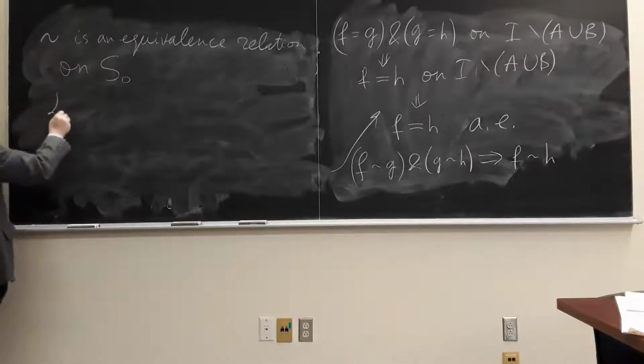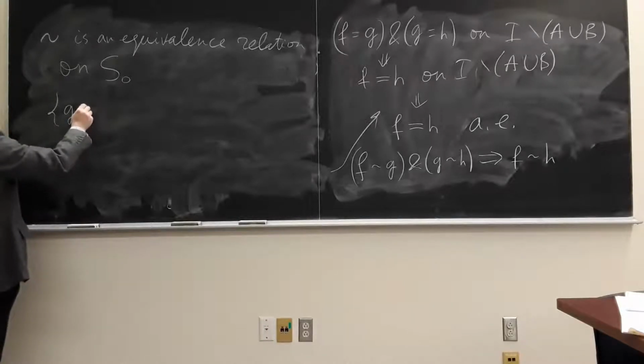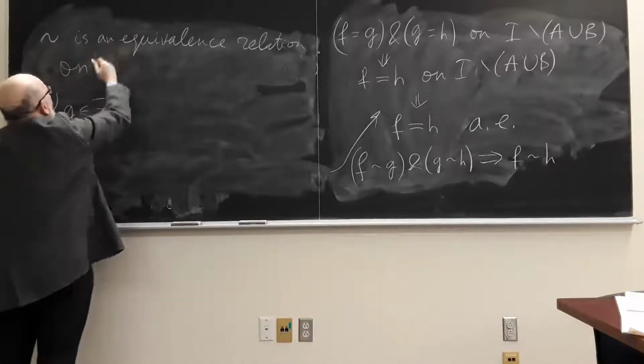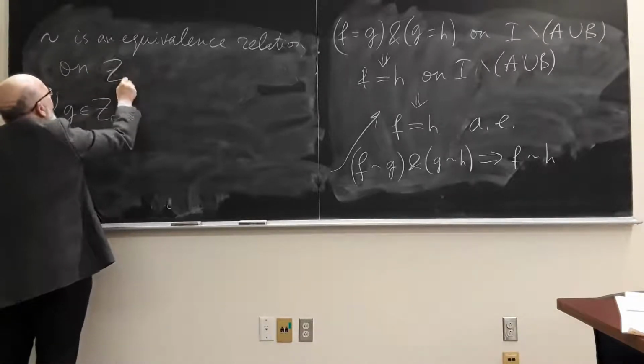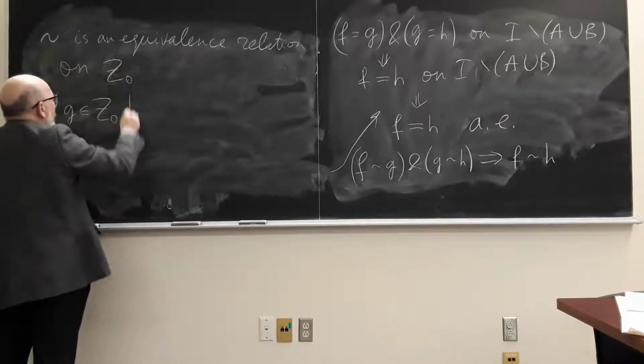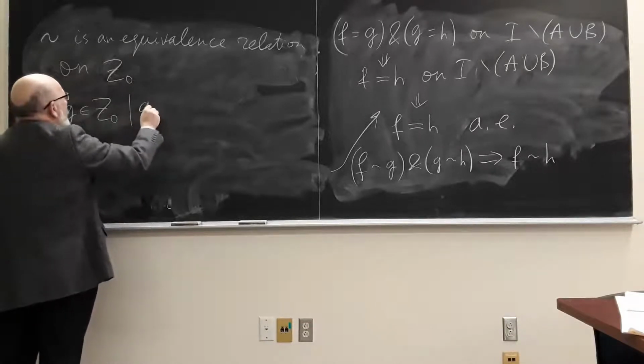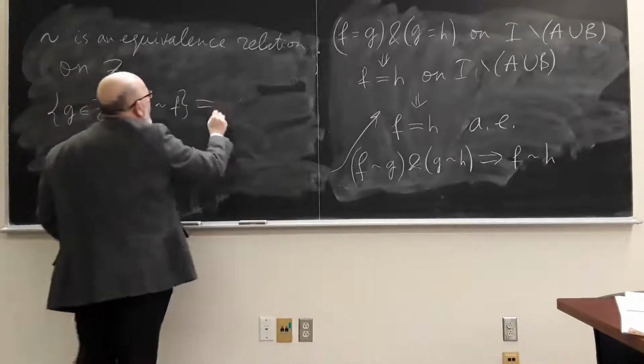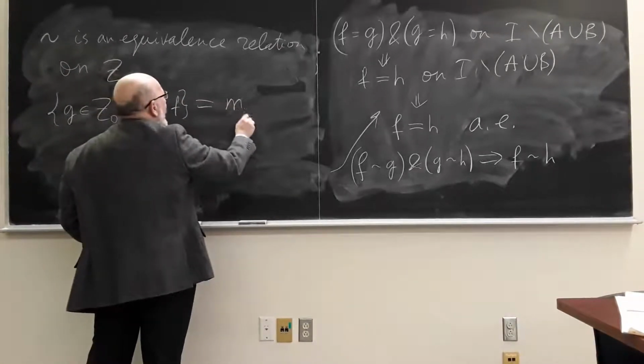So the set of G in Z0 such that G is equivalent to F, let me denote it by MF.